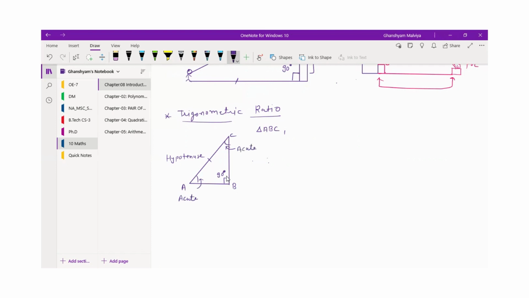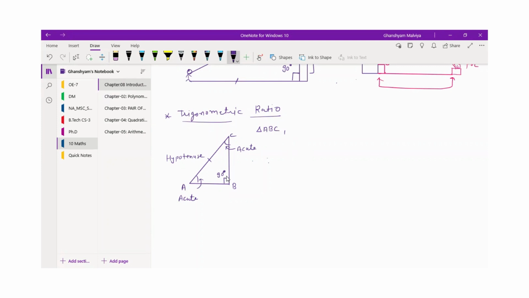What is an acute angle? Angles below 90 degrees are called acute angles. It may be 89, or 70 degrees, or 55, 40, 16 degrees. This one will be 90.